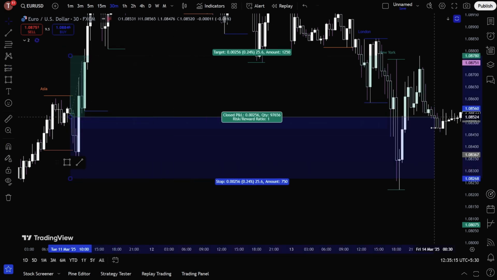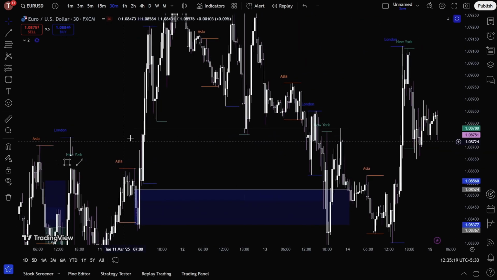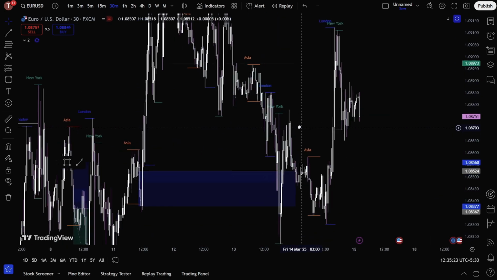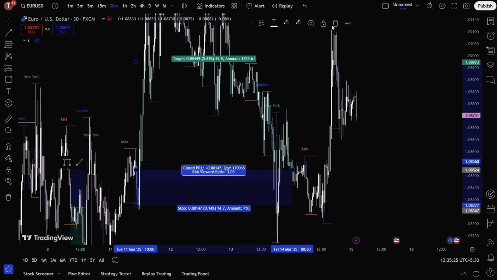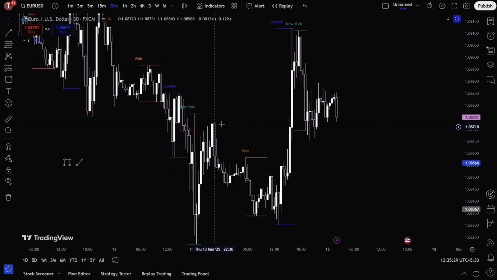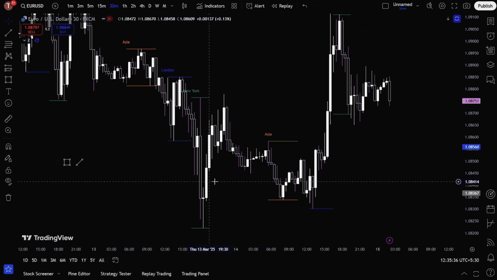My SL was gone because I was targeting this, but that didn't happen. This was the stop loss which I got hit, and still it was Thursday, and we had this BPR made after all of this reaction.